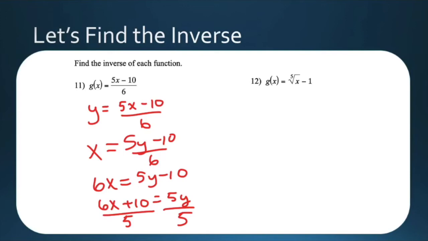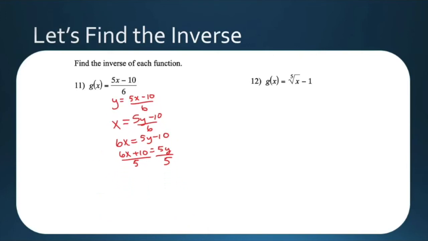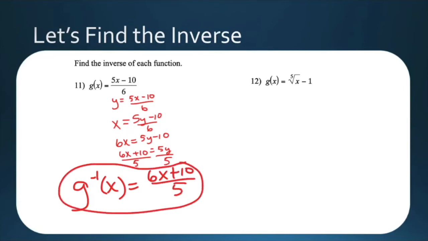So g of x is this one, and our answer will be written like this: the inverse of g is going to be 6x plus 10 all over 5. This is the inverse function of that one. If you took this one and plugged it into that one, what would happen? It cancels out. Everything cancels out to be x.